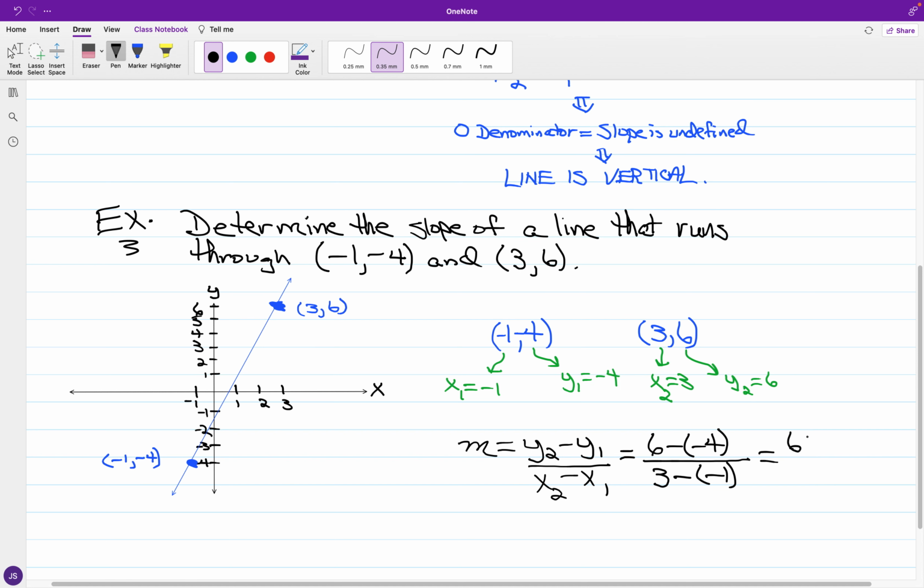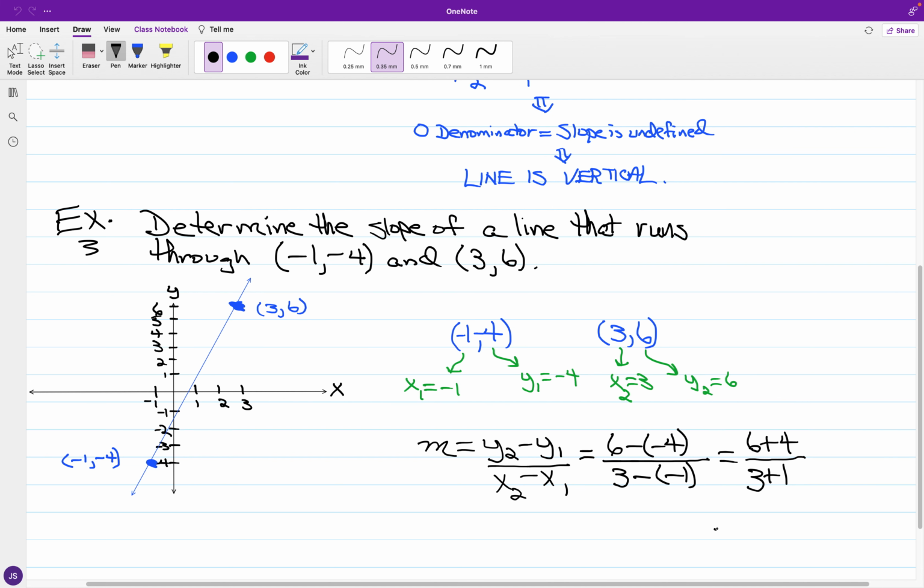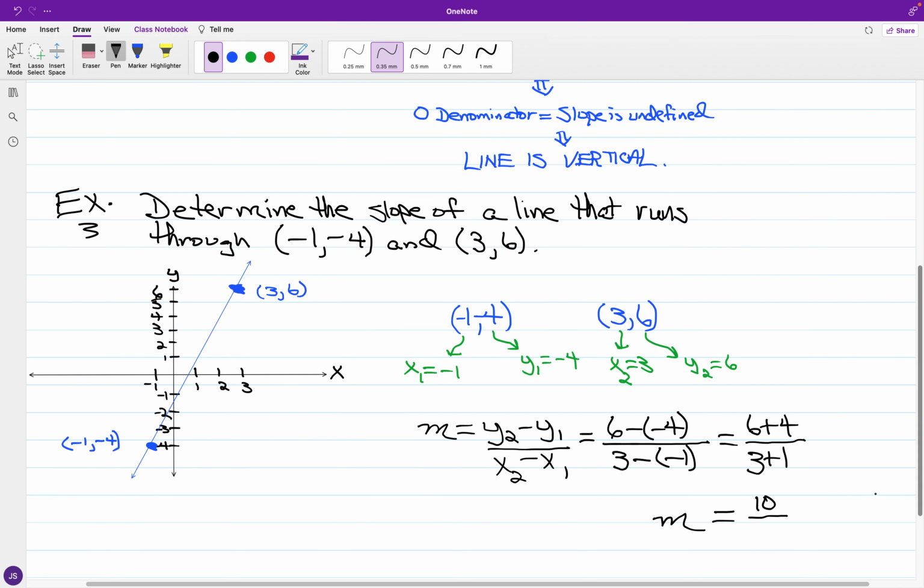Again, subtracting a negative reverts to addition of the positive. So we have 6 plus 4 at the top and 3 plus 1 on the bottom. So right now for the vertical change, 6 plus 4 is 10. And for the collective horizontal change, 3 plus 1 is 4.